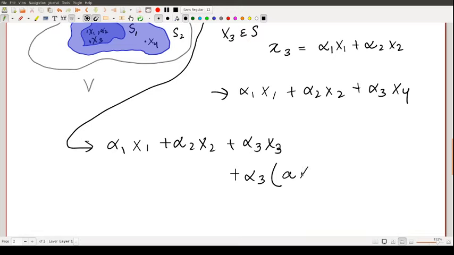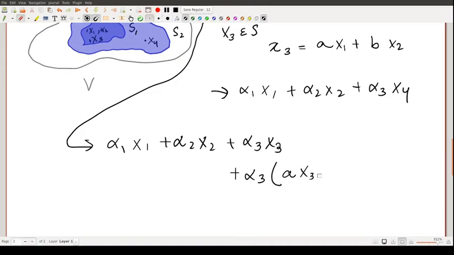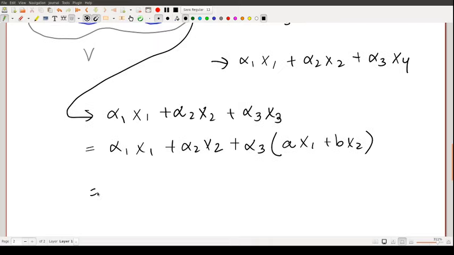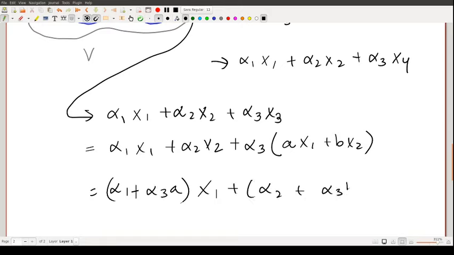So let's make this a times x1 plus b times x2, there's lots of alphas now and this might get confusing. So a x3 is a x1 plus b x2. Notice that now what you have is another linear combination. So if I write this as alpha 1 plus alpha 3 a, plus alpha 2 plus alpha 3 b, this is again just a linear combination of x1 and x2.